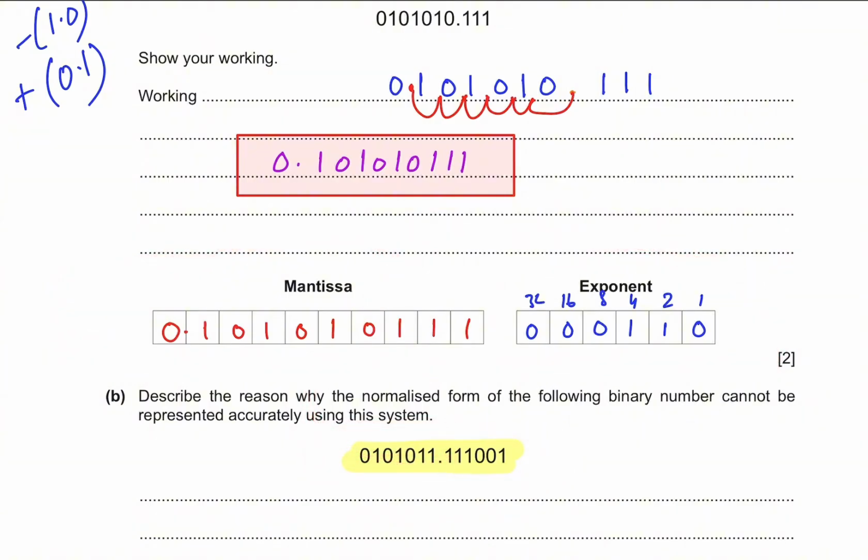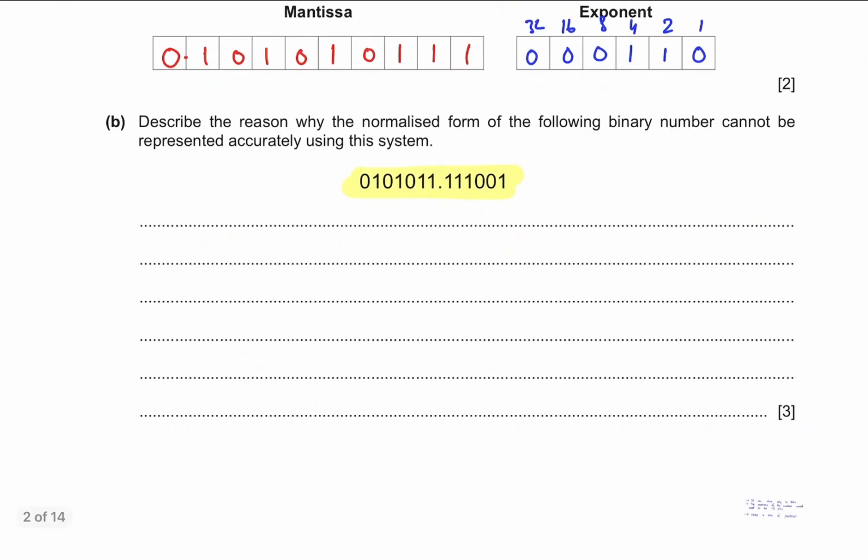So why can it not be represented? The reason is obviously very clear, because this number is of 13 bits and this is of 10 bits, so it won't fit in that location. So you have to write a detailed answer for this, and I will show you the points which will make sense.